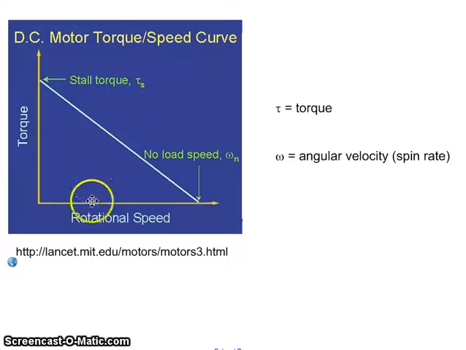And here is the key image right here. On this graph, we've got torque as the y-axis, that's the load torque, and the x-axis is the rotational speed. And you'll notice here that there are two key points.